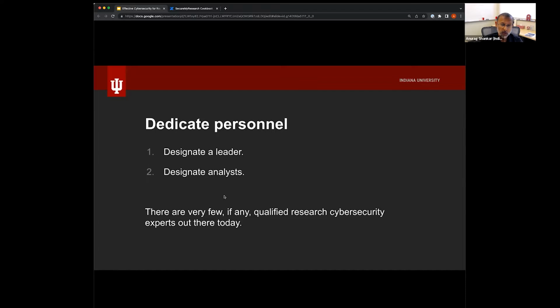The leader should have some grounding in research, at least an understanding of research. It helps a lot if the person is a researcher, primarily because it allows you to have that connection with the researchers. It also gives the researcher the perception that it's someone looking out for them, and not the security office coming after them. So separating it from governance is actually important. We found that by experience.